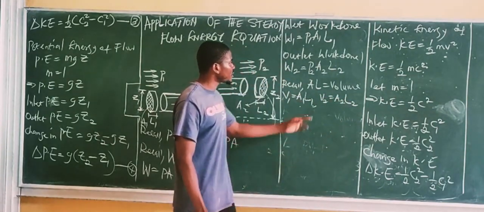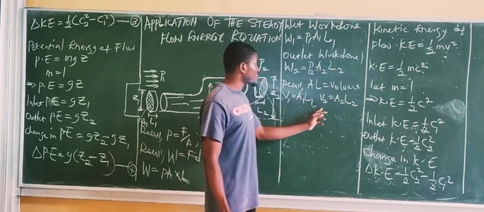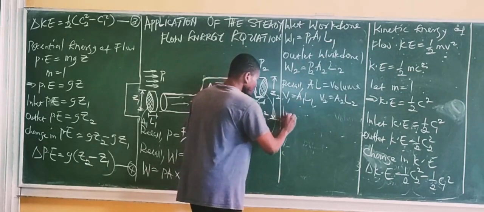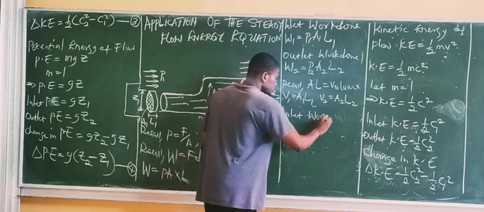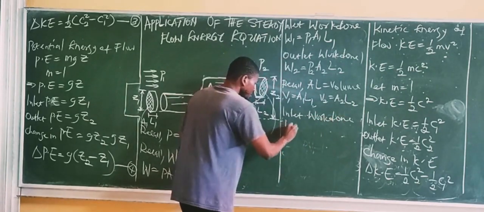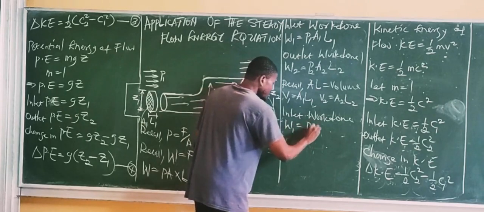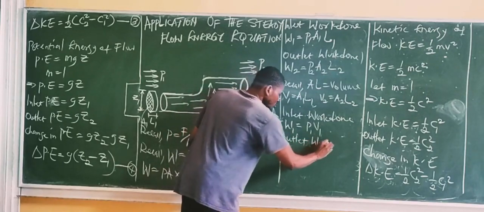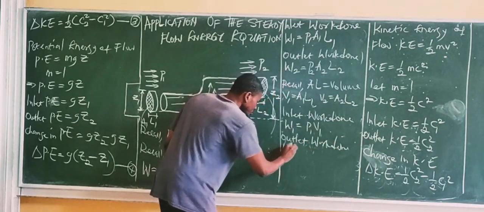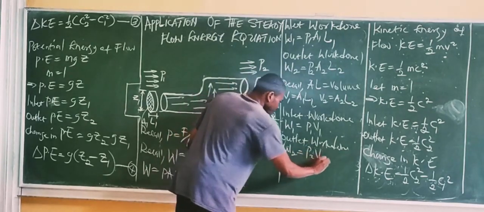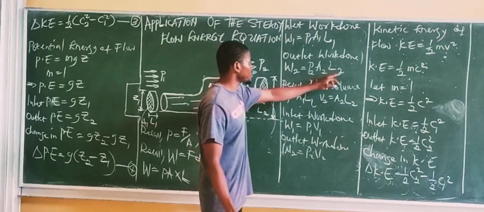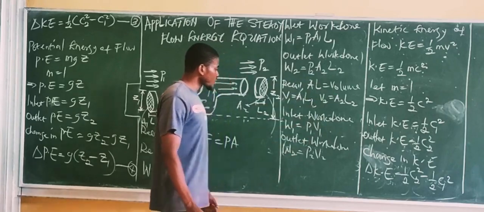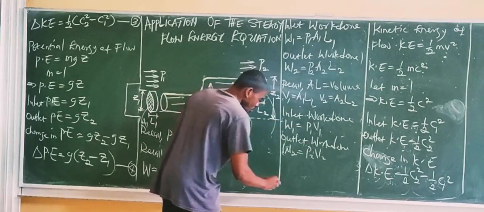Therefore, in place of A1 L1 I can write V1, and in place of A2 L2 I can write V2. So the inlet work done, W1, is P1 V1, and the outlet work done, W2, is P2 V2.